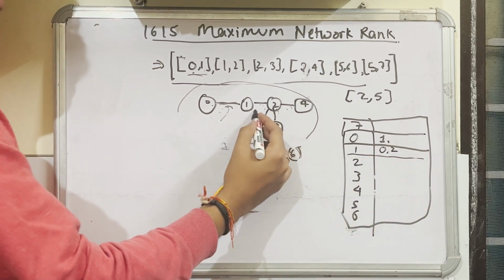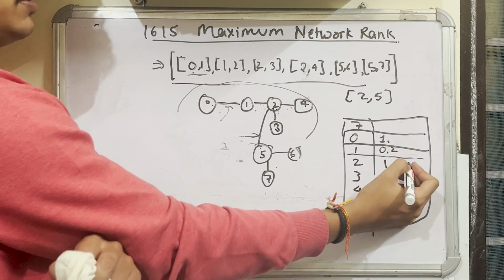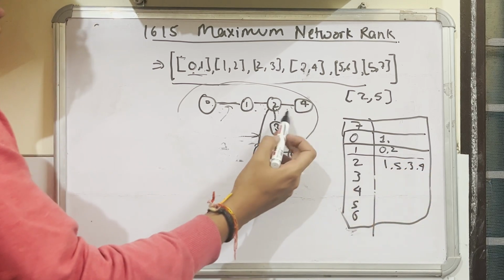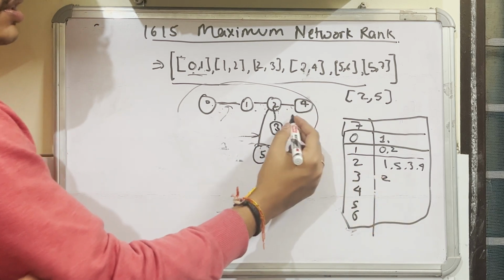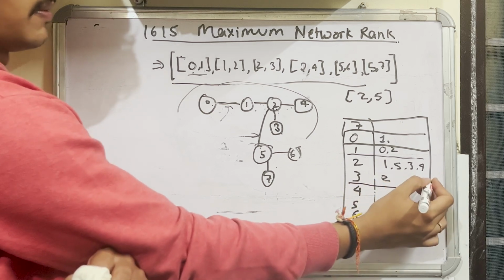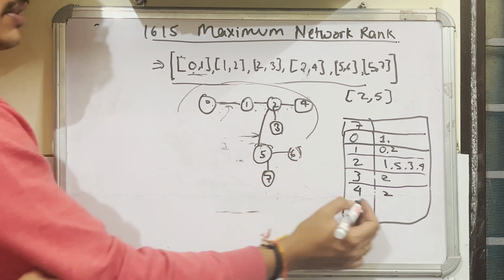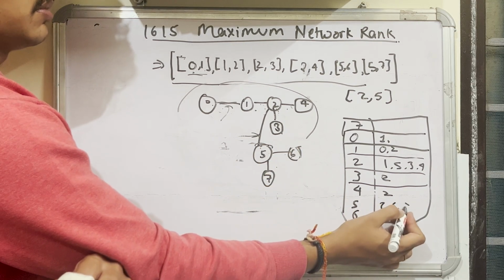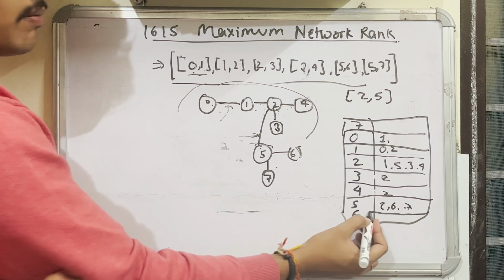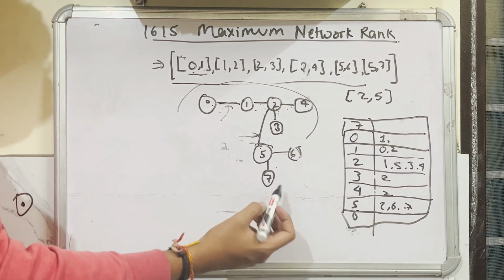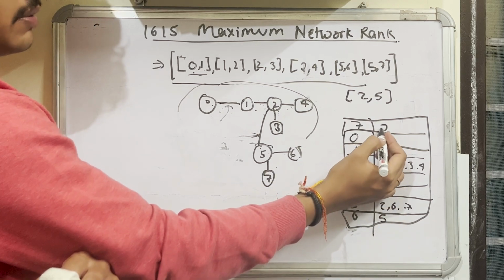City 2 is connected with 1 5 3 4. City 3 is connected with just 2. City 4 is connected with just 2. City 5 is connected with 2 comma 6 comma 7, as you can see. City 6 is connected with just 5, city 7 is just connected with 5.